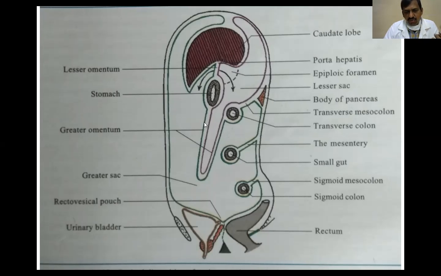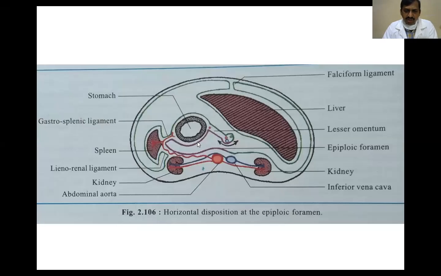The first layer is formed by the greater sac peritoneum, the second layer by the lesser sac peritoneum, the third layer also lesser sac peritoneum, and the fourth layer by the greater sac peritoneum. These are the different folds of peritoneum, and this is the horizontal disposition of the peritoneum.